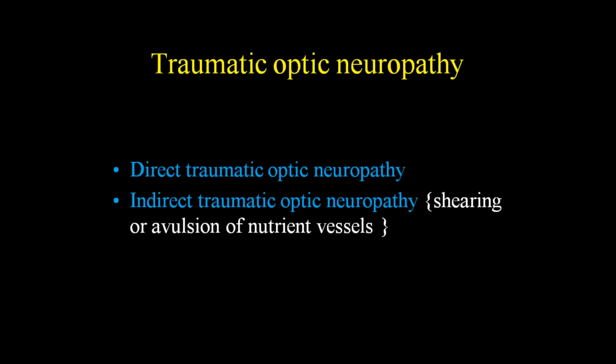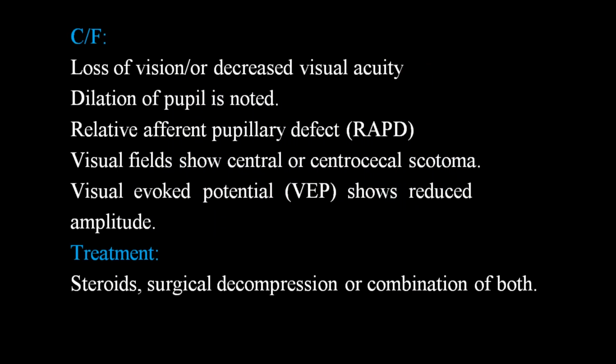If you see the CT scan, everything might look normal, but if there is a shearing stress, that is, the optic nerve is stretched during the accident, it can also lead to traumatic optic neuropathy. So there is either direct or indirect trauma to the optic nerve. The clinical features are loss of vision or decreased visual acuity, dilatation of the pupil, RAPD, and visual field defects.